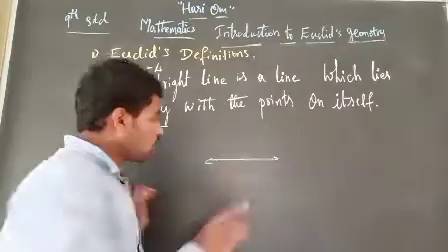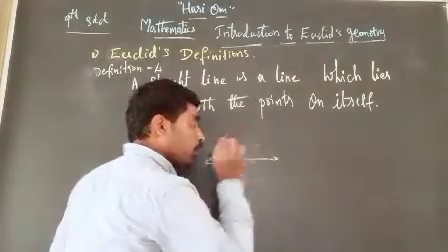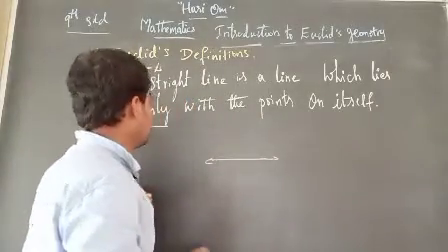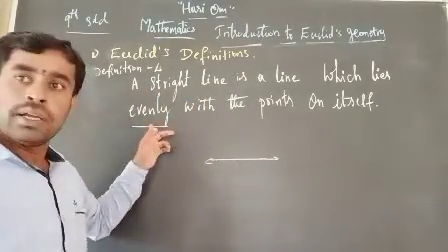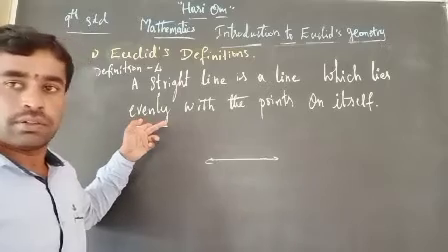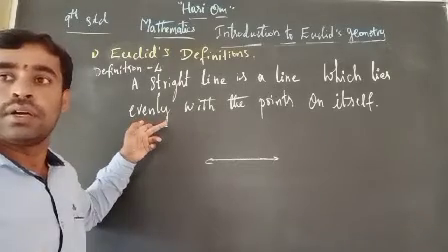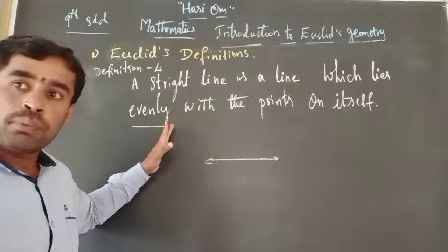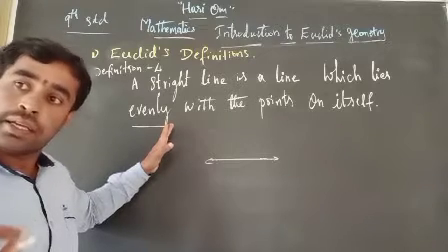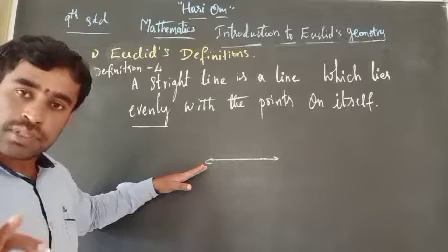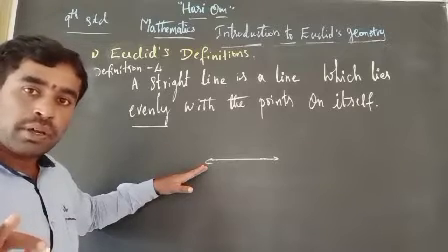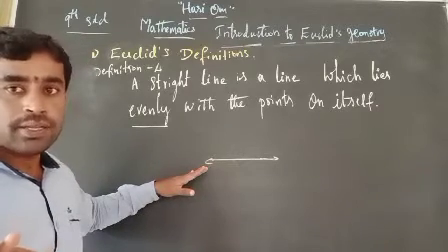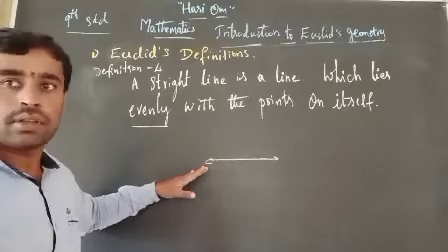Is it clear? So that is definition number 4. Is it clear, students? You know the meaning of evenly. Evenly means regularly. In a regular way, the entire points of a straight line must be on a single line. Is it clear, students?